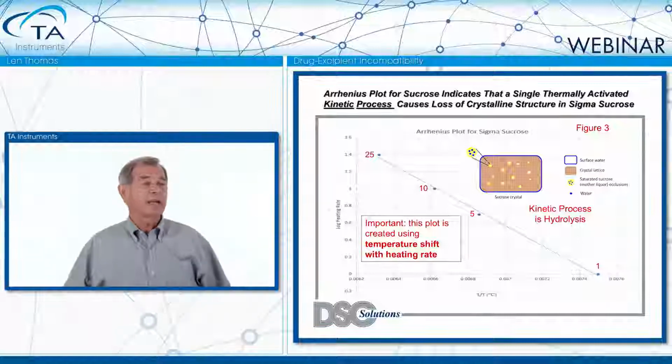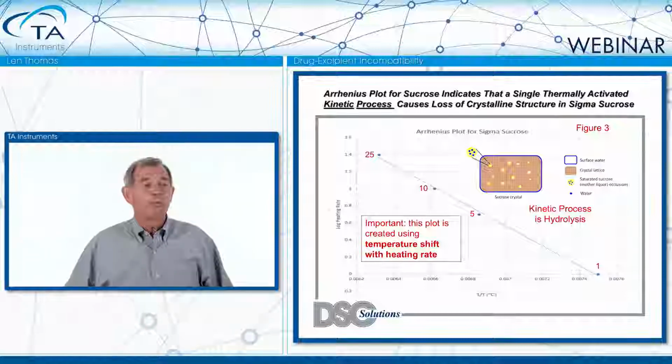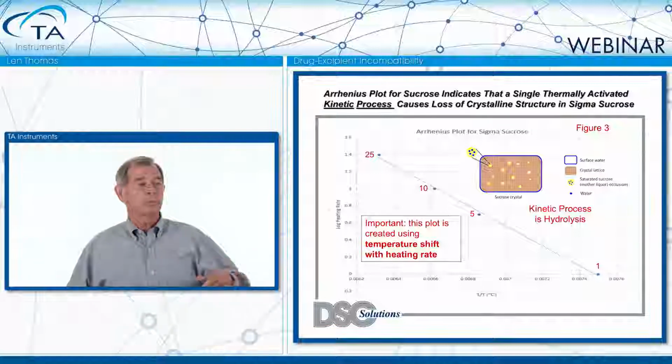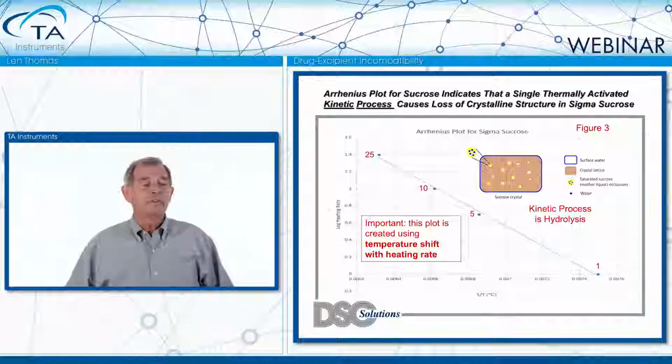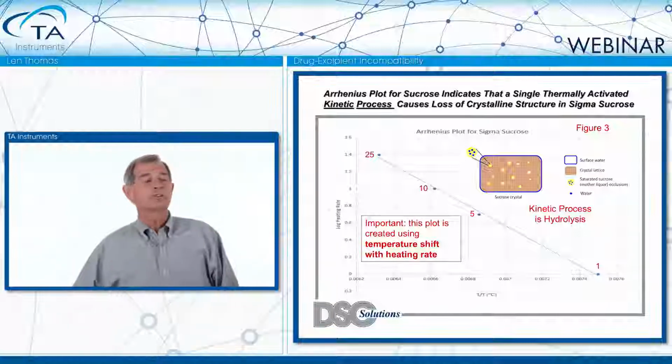So if you look at the y-axis here, it's log heating rate, and those were values of 1, 5, 10, 25 degrees C per minute. But we're looking at log heating rate on our y-axis versus 1 over temperature for the onset of the transition temperature. If we make that plot, we get the values that are shown here.